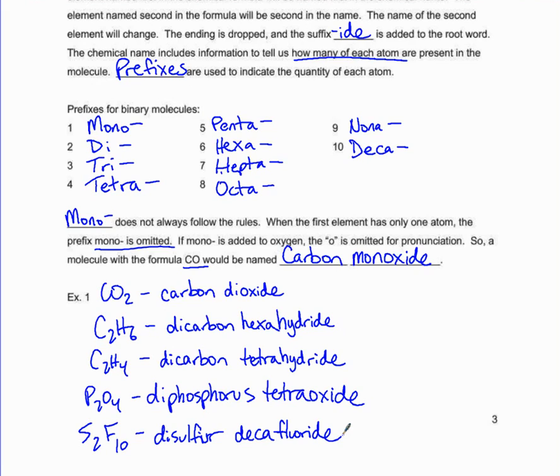Here's a couple others. So let me give you one here. C3H8. And under our naming system, we can give it a specific name. Now, if you were to Google this, and let me write this in a different color, using Google will tell you that this is propane. Propane is the real chemical name in the organic chemistry naming.